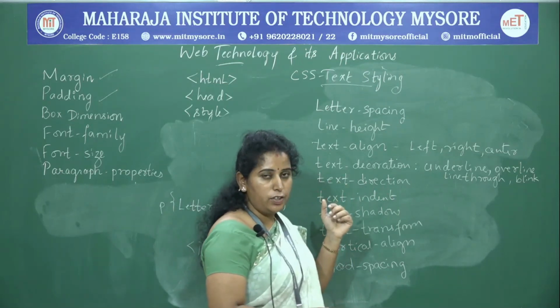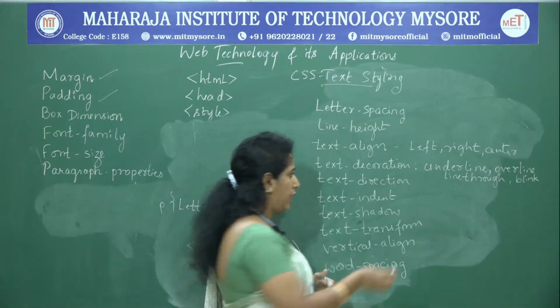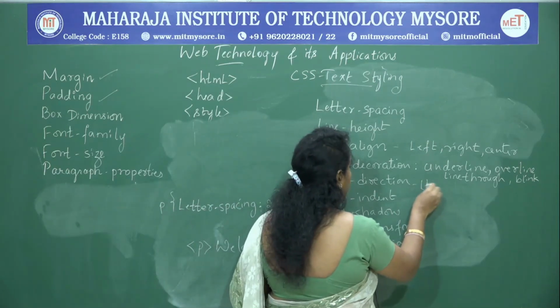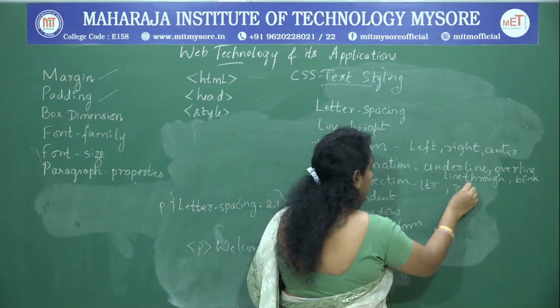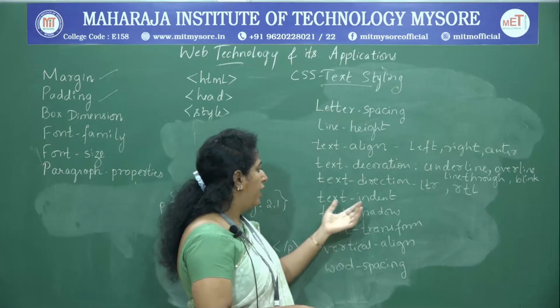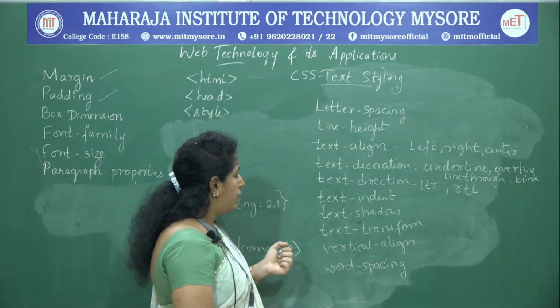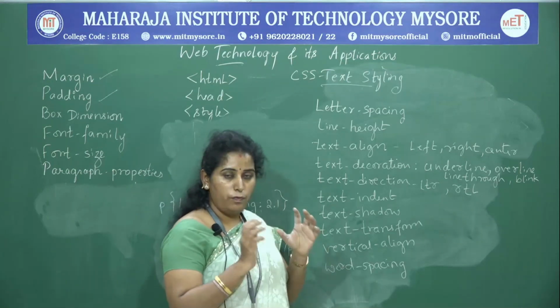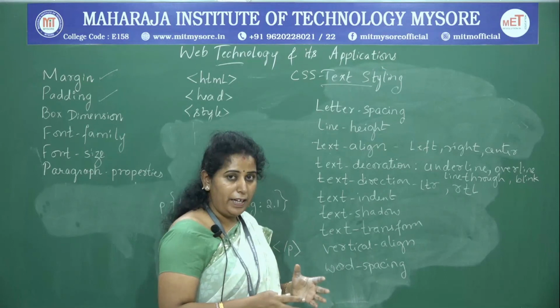Next is text direction. Usually the text will be printed from left to right. By default the text direction is left to right. You can also change it to right to left. That is also available. Next is text indent. Text indent is used to justify the text or to make it as a paragraph.